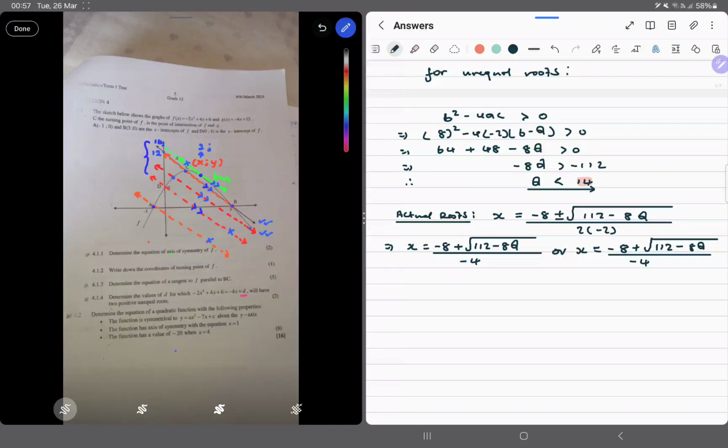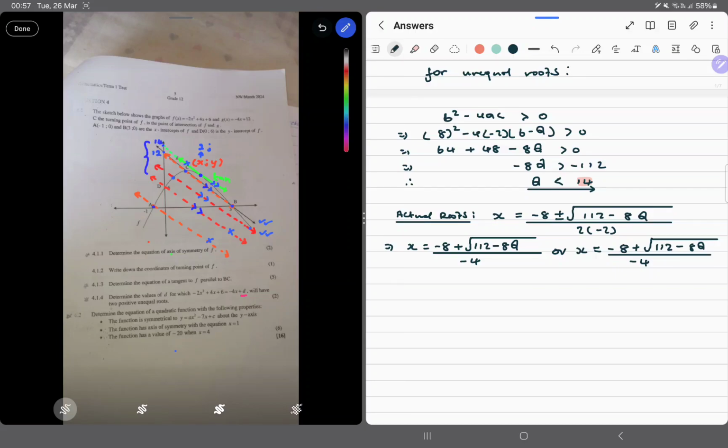Okay, but now let's say d is minus 15, because that's a value less than 14. Let's say d is minus 15. So can you see, the square root of 112 minus 8 into minus 15.